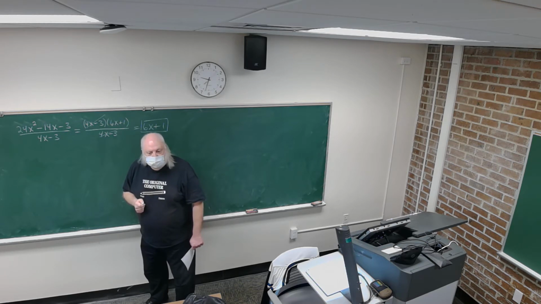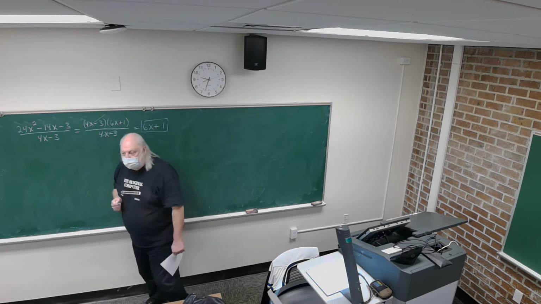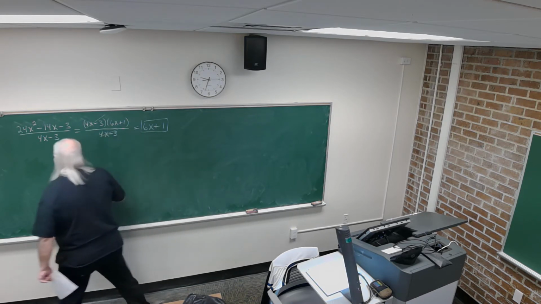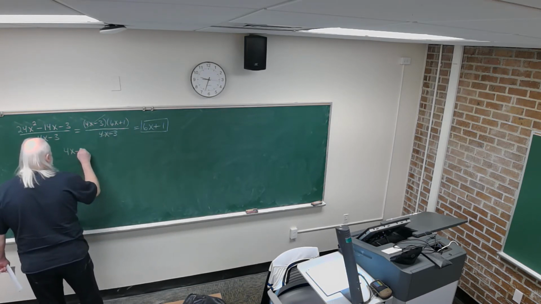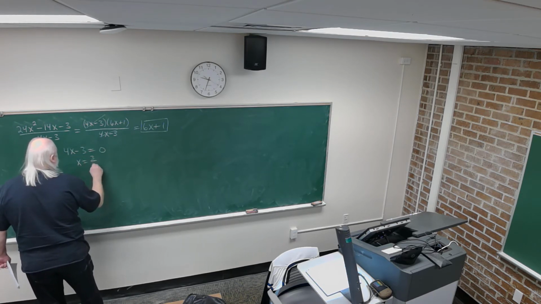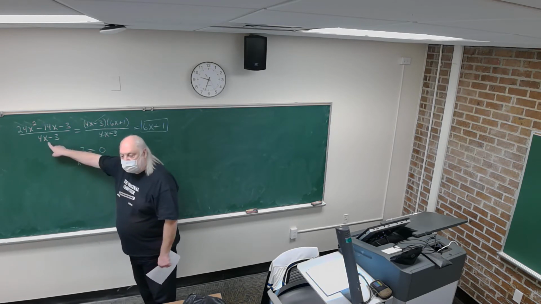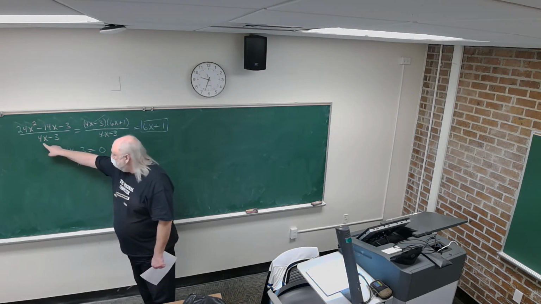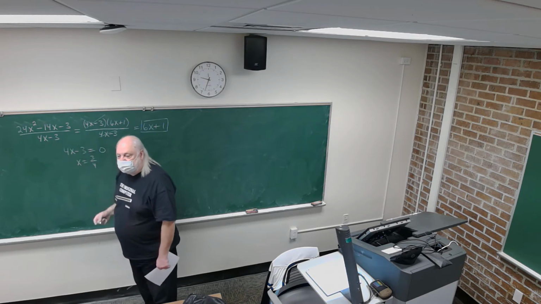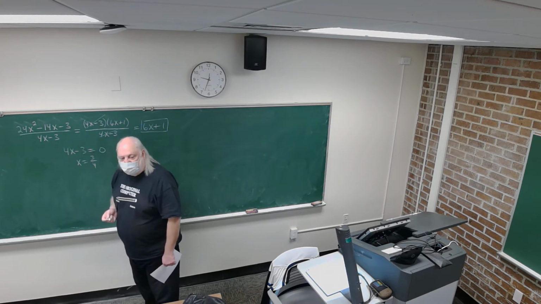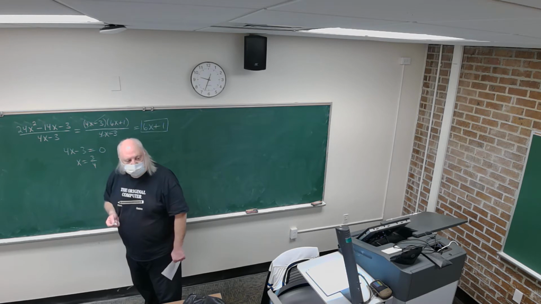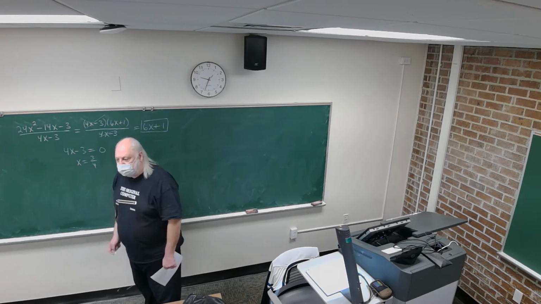Can you tell? If I set 4x minus 3 equal to 0 and solve for x, I get x equals 3/4. If I put 3/4 in for x here, we have 4 times 3/4 minus 3, and that's equal to 0. And you can never divide by 0 in mathematics.